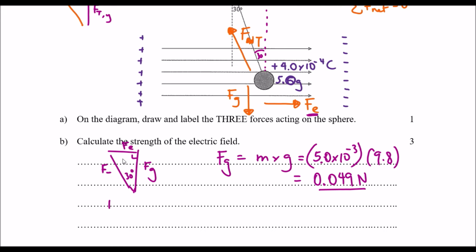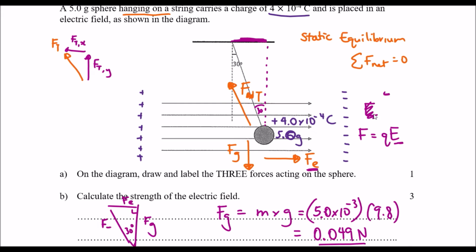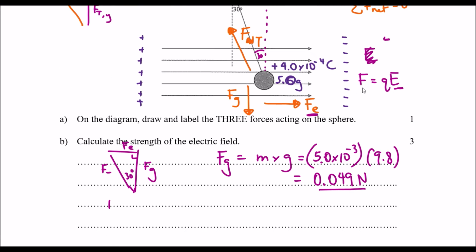Then we need trigonometry to find the value for Fe. I should mention why we're doing it this way. Because it's a charged particle in an electric field, we use F equals Q multiplied by E. To find E, I need Q, which I already have, but I don't have Fe, the magnitude of the electrostatic force.